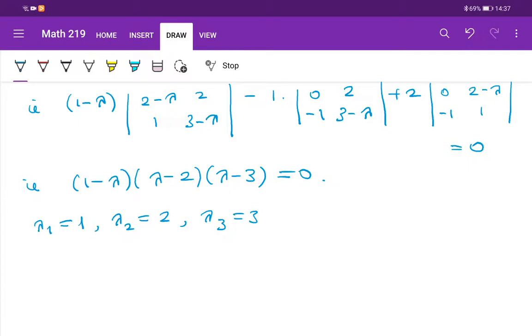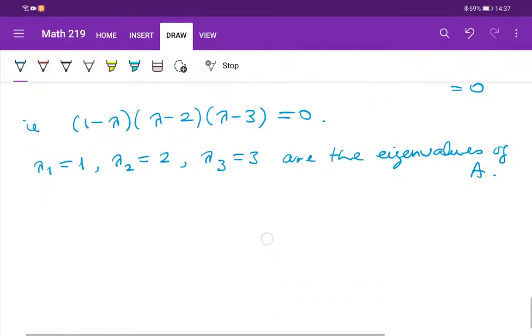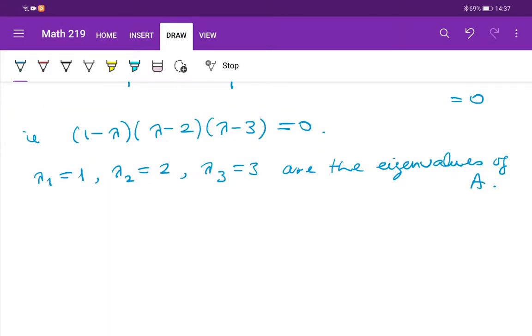These are the eigenvalues. So we have 3 distinct eigenvalues. For each eigenvalue, we have at least one eigenvector, and we proceed precisely as before. You pick each of these in turn. So let's do it for the first one.